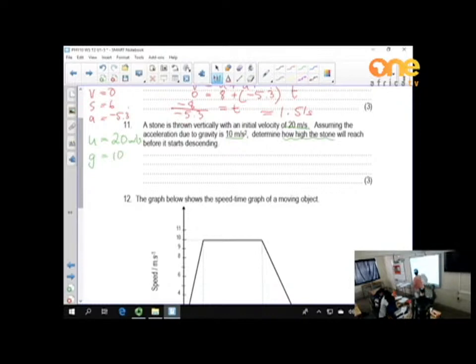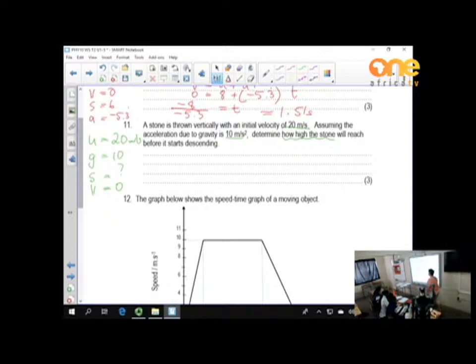We're looking for S. Which is the hidden quantity? Yes, what's final? 0. Final velocity would be 0, because if I throw something upwards, it's going to go up, but slower and slower and slower, and then it's going to start falling back. So for a split second, it will be 0, there where it turns.